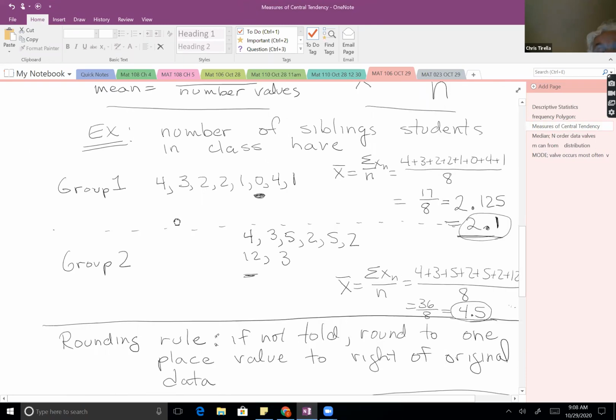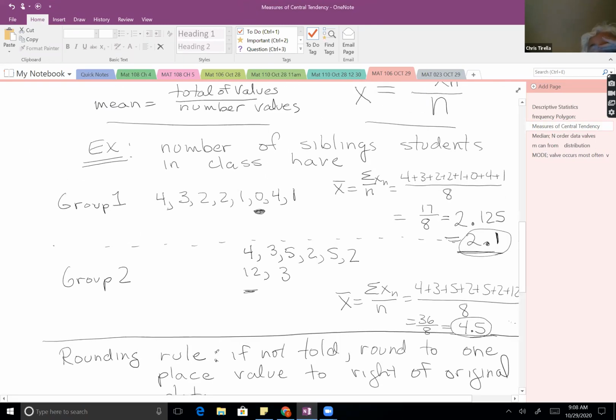I'm putting the two groups together. So putting the two groups together, there were 1, 2, 3 people with 4 siblings. There were 1, 2, 3, 4 people with 2 siblings. There were 2 people with 3 siblings, 2 with 1. What does it look like? The mode is 2 siblings?